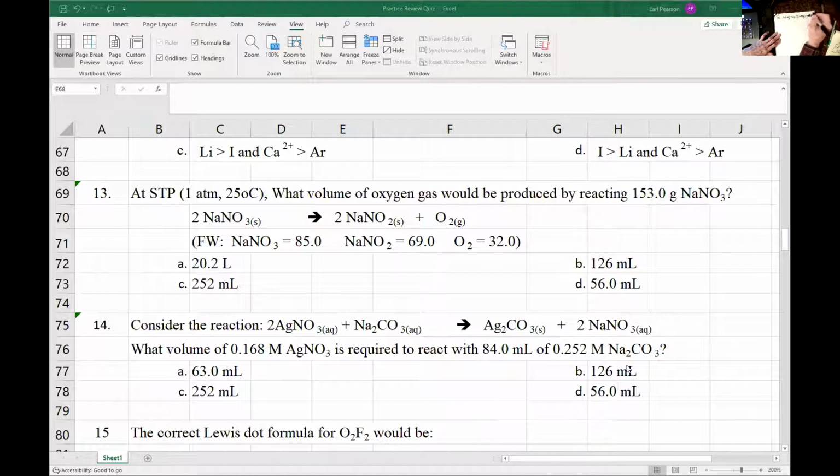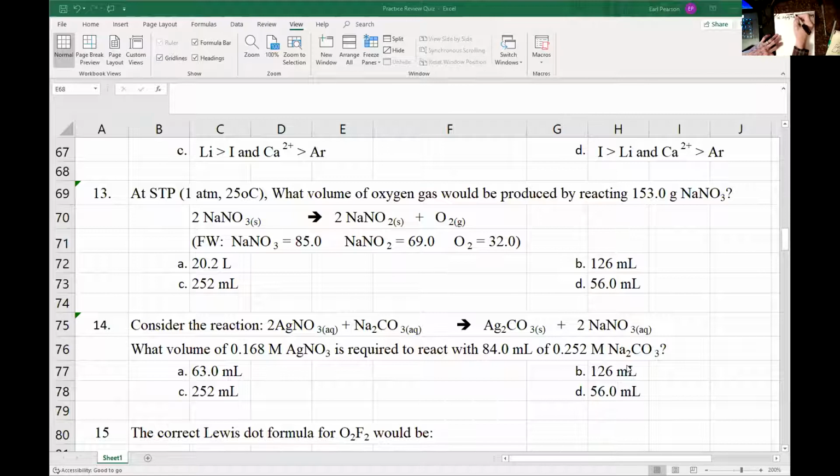Now let's see what we're asked. I've got what volume of silver nitrate, and the molarity is 0.168 molar. I'll show you my paper in just a minute. I just want to copy stuff down.